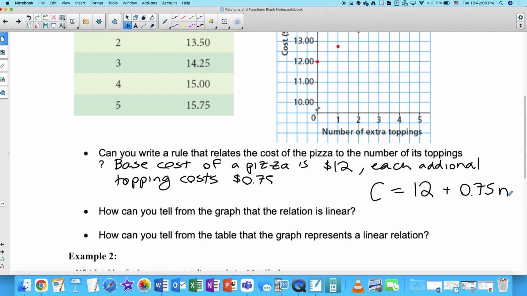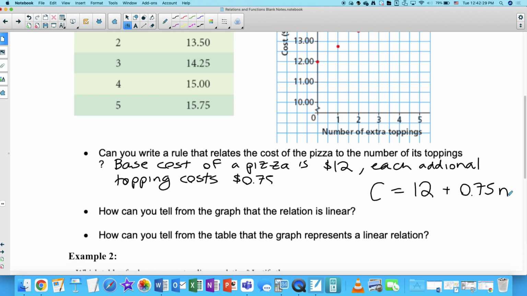Now, this is a very common theme when you're looking at pricing. So there is like a base cost, and this is called a variable cost. So we actually often call this the fixed cost and the variable cost.